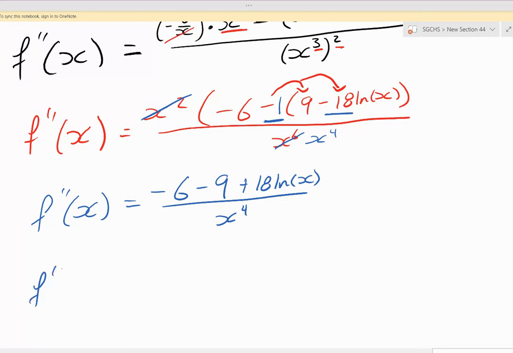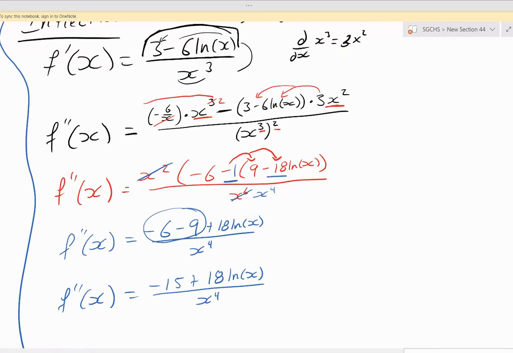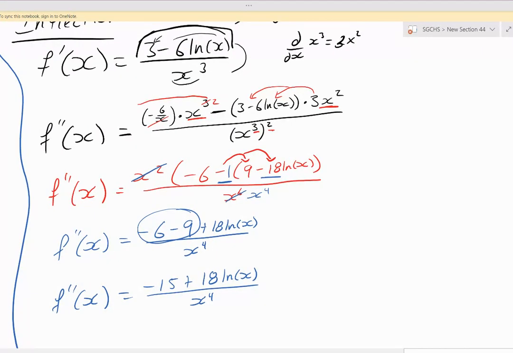Then we can combine like terms: negative 15 plus 18 ln x over x to the power of 4. So now I found my second derivative.